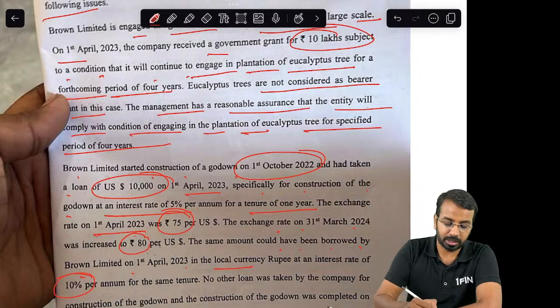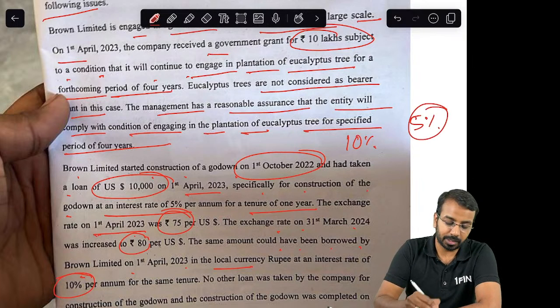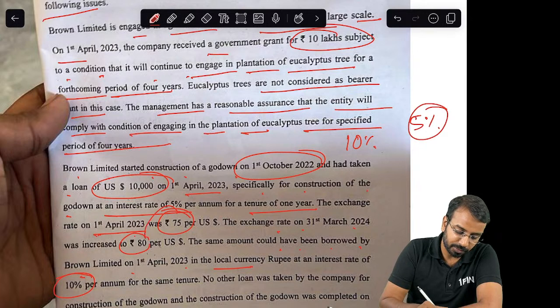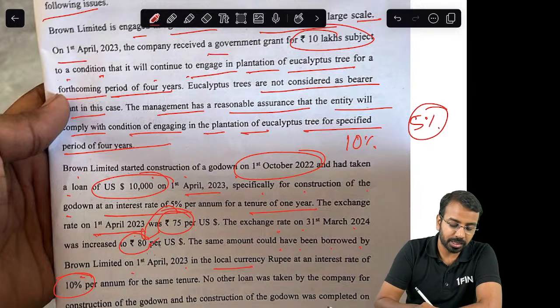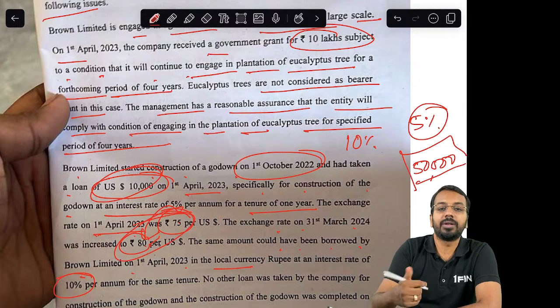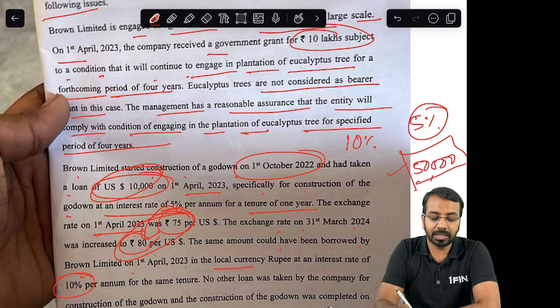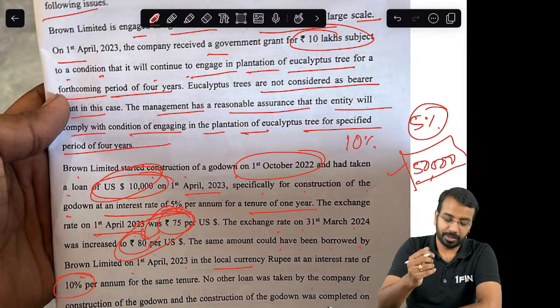So basically the thing is, local you borrow at 10%, foreign currency you are borrowing at 5%. But there is an exchange rate change from 75 to 80. So whatever savings are offset by exchange differences. So in this case, 75 to 80 is 50,000 of exchange difference, 10,000 multiplied by this. So to this extent, we will consider the exchange difference also as a part of borrowing cost to the extent it saves our interest.